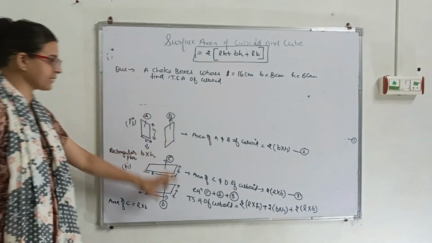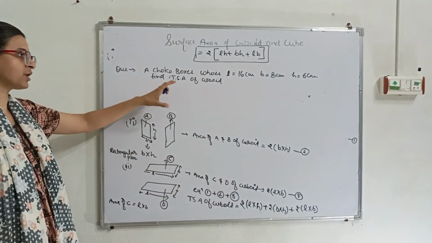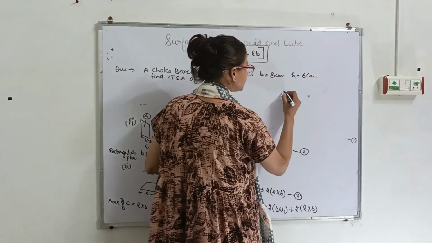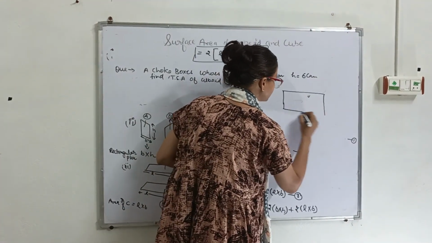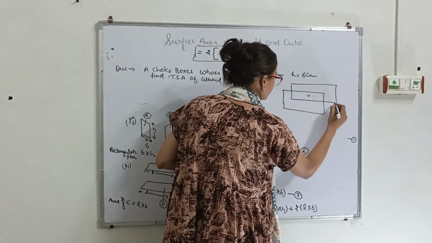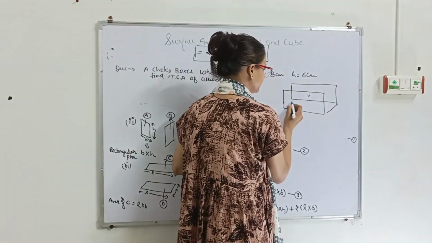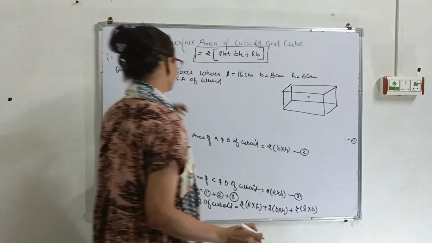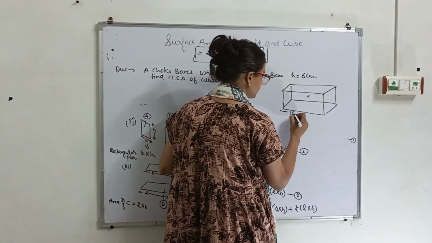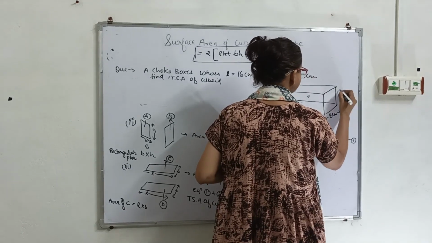So if you understood all the derivation of this cuboid, you can easily solve this question. First, in the given problem, this is the cuboid, this is the chalk box. So the chalk box has a size like this cuboid. This chalk box length is given 16, and B is 8 centimeter and height is 6 centimeter.